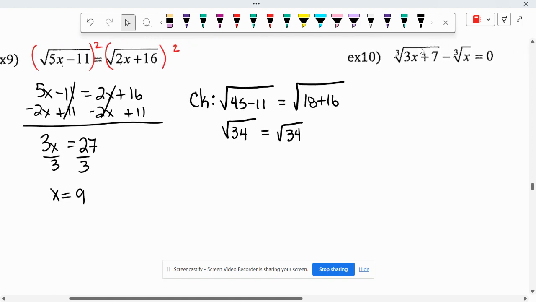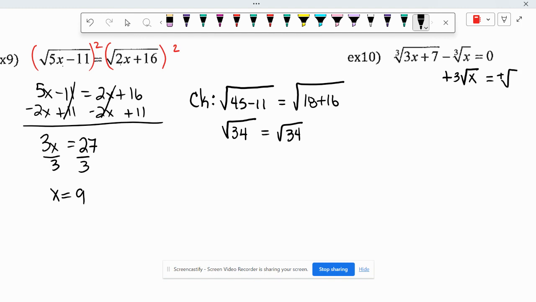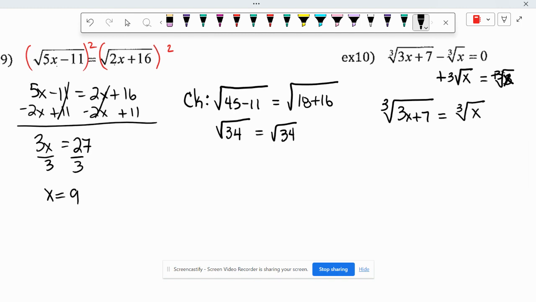If you were looking at example 10, you would have to get the radicals, cubics, whatever, on each side of the equal sign. So you really have the cube root of 3x plus 7 equals the cube root of x. How would you get rid of that cube root?